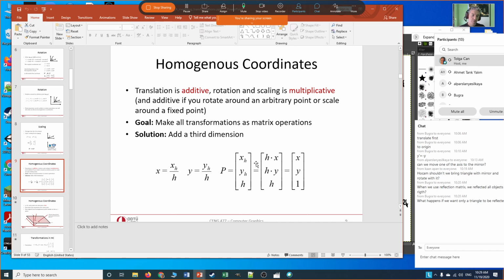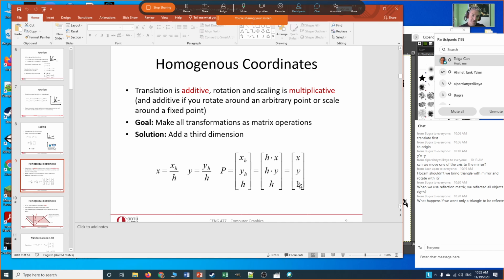So if I have a 2-dimensional point and the third entry is some h, its 2-dimensional coordinate is actually x_h divided by h. So this last coordinate is like a dividing factor. Since we were always using 1 in our case, if you have (x, y, 1), the 2D coordinate is actually (x, y).